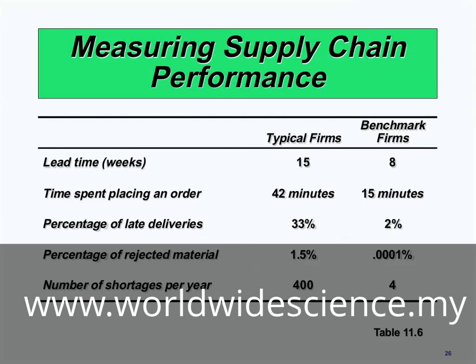Lead time means when you make an order and when it is delivered, how many weeks of delay there are. So there is a gap between making an order and delivering products. This gap, these weeks, is called the lead time.